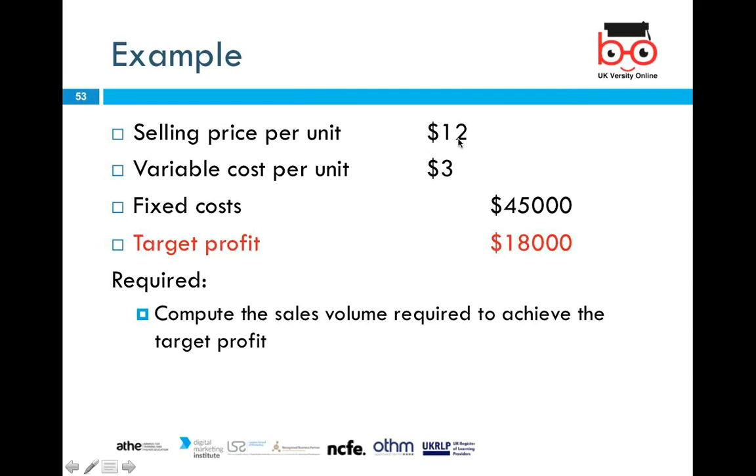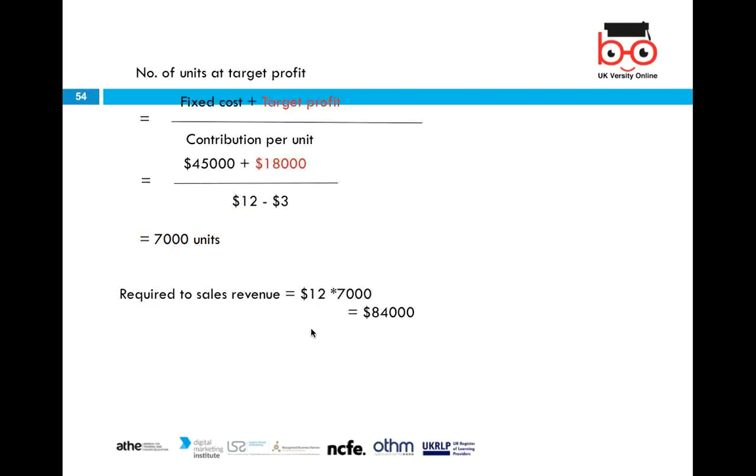So again, in that example, we have a selling price per unit of $12, a variable cost of $3, and a fixed cost of 45,000. And we have a target profit of 18,000. So we have to compute the sales volume required to achieve the target profit.